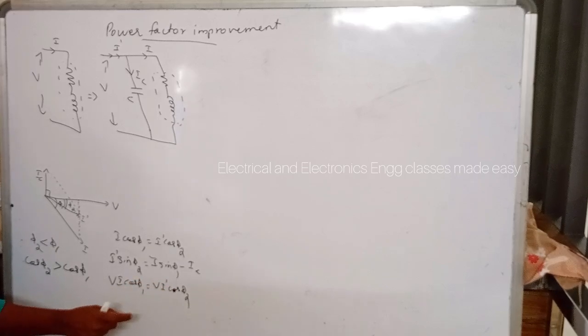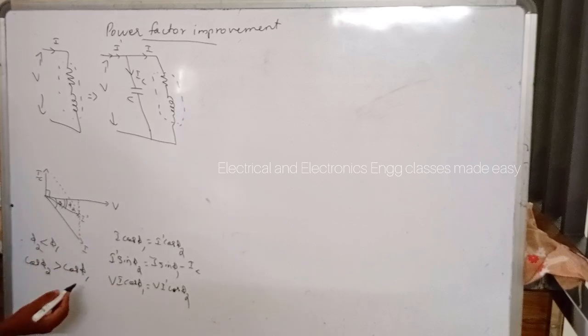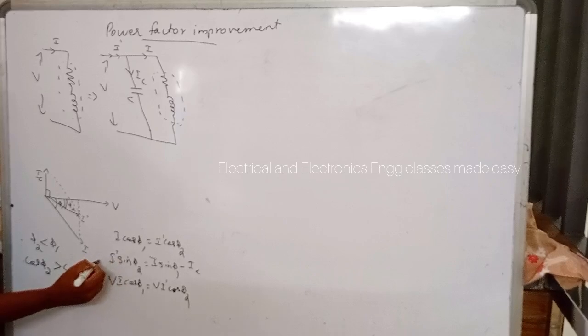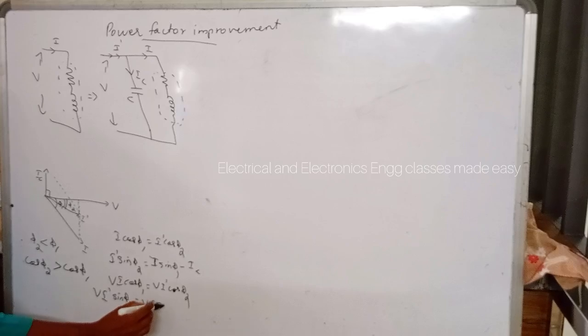That is, the active power remains unchanged due to the power factor improvement. Also, if we multiply this one with the voltage, we get V into I dash sine phi 2 equal to V into I sine phi 1 minus V into IC.